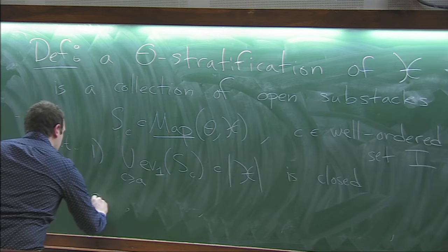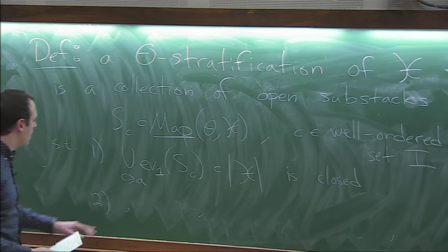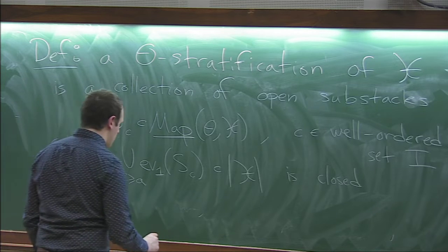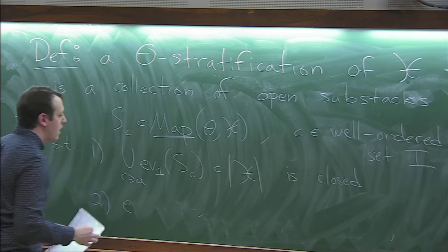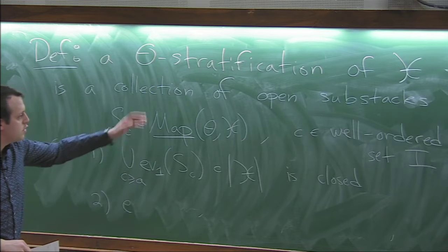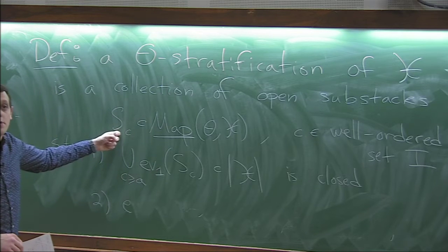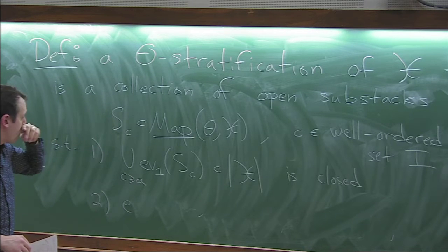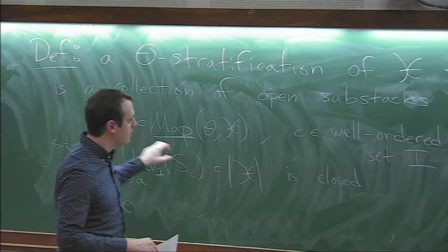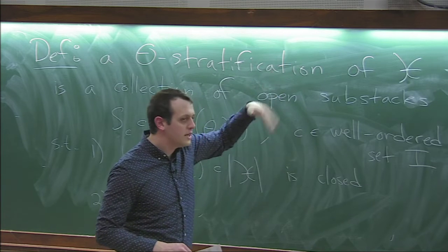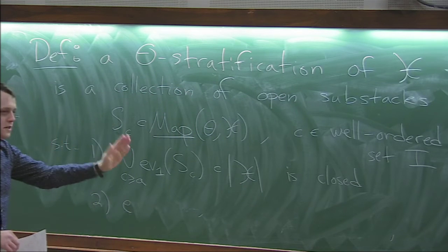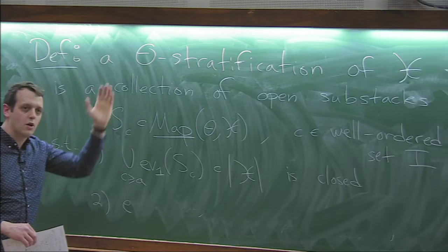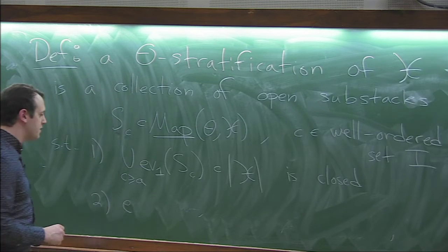You can think of these as the Harder-Narasimhan strata. These parameterize unstable bundles along with their Harder-Narasimhan filtrations. The larger C is, the more unstable. So this is saying if you fix some cutoff and throw away all the objects which are more unstable than that cutoff, that's a closed subset. So what you get left in the complement is an open substack.